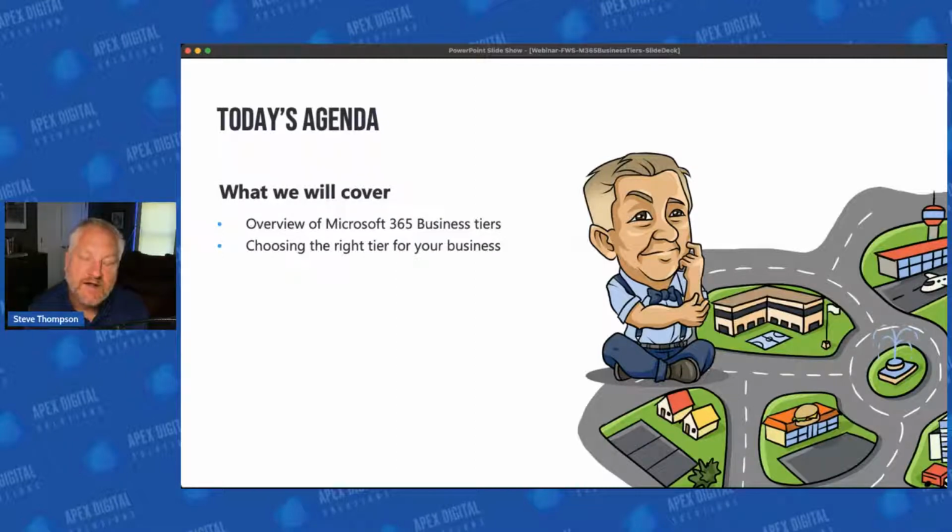Remember the big differentiator, right, is that 300 seat mark. When you're at or below 300 seats, you're eligible for business premium. When you get beyond that, you're into that enterprise or frontline or government. I'm kind of ruining one of my questions, but you're into that scope, which goes all the way up to, well, however many licenses you'd like to buy from Microsoft.